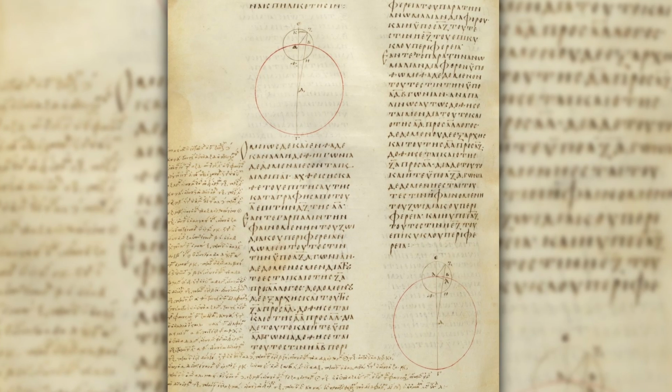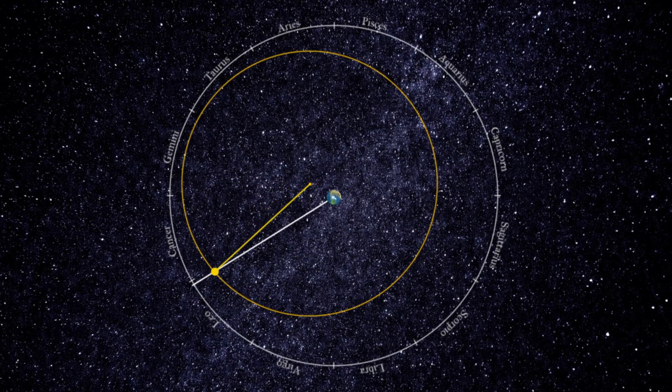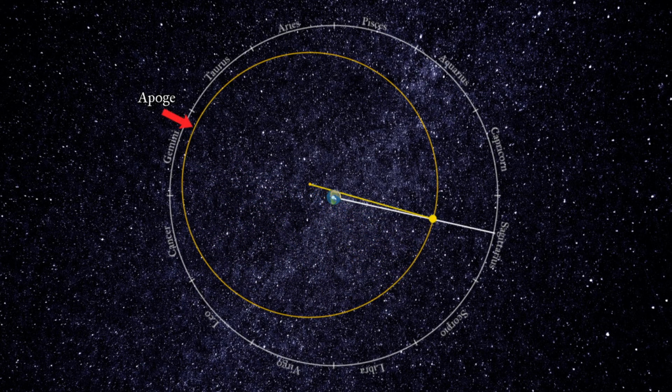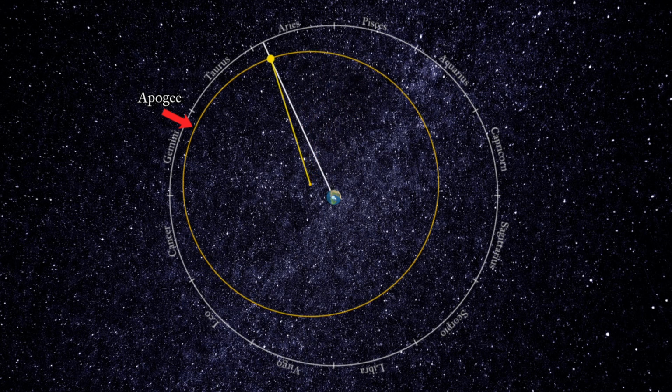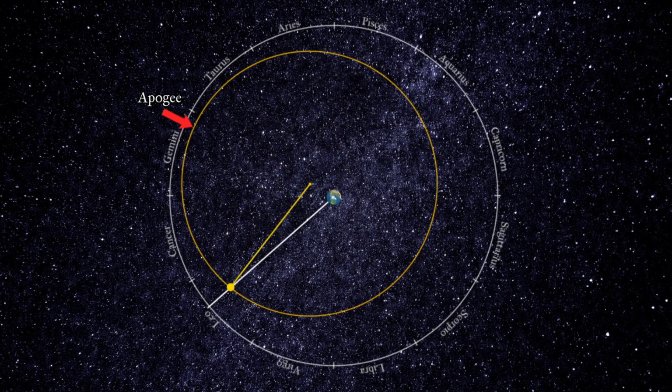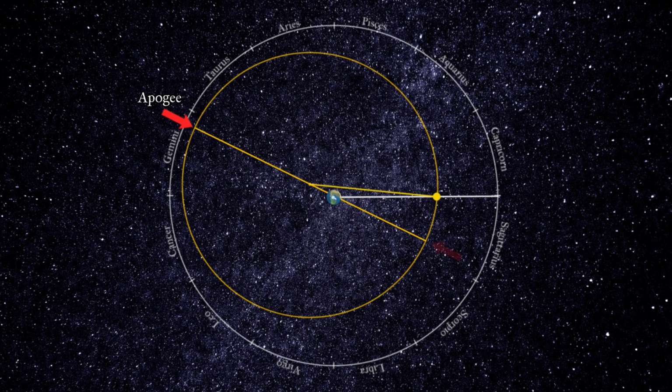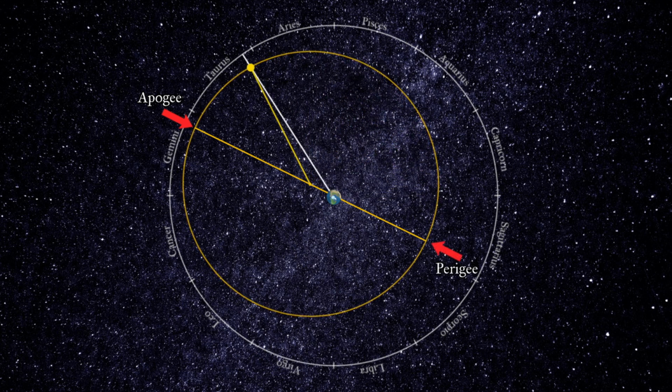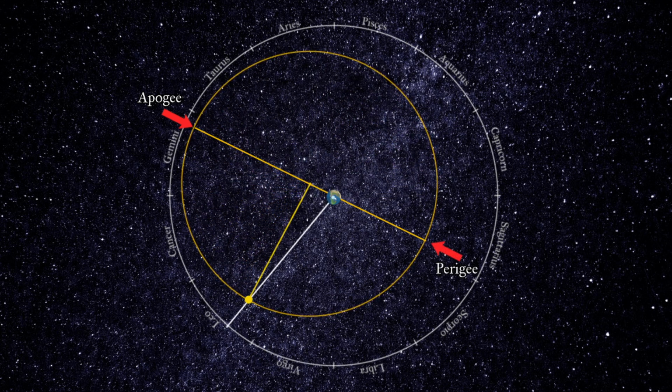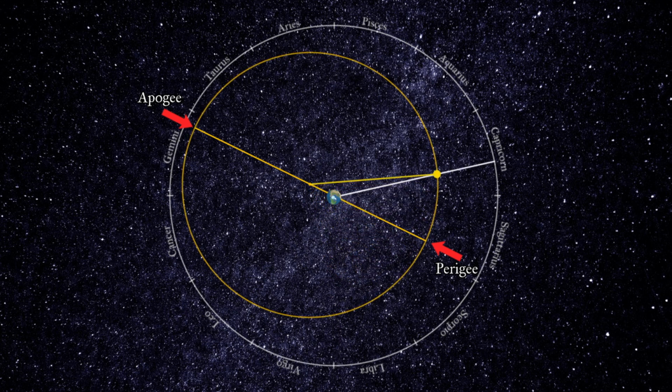It's important to understand here that the anomaly is dependent on how far around the circle the sun is from apogee, and is symmetric about the line of apsides, which is the line that goes through apogee and perigee. From apogee to perigee, the sun's position appears to lag the position it would have if the sun's circle were not off-center.